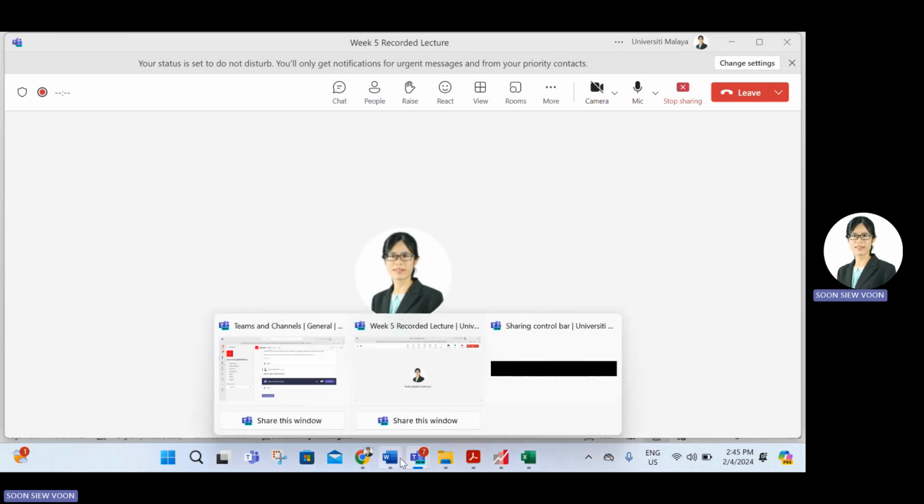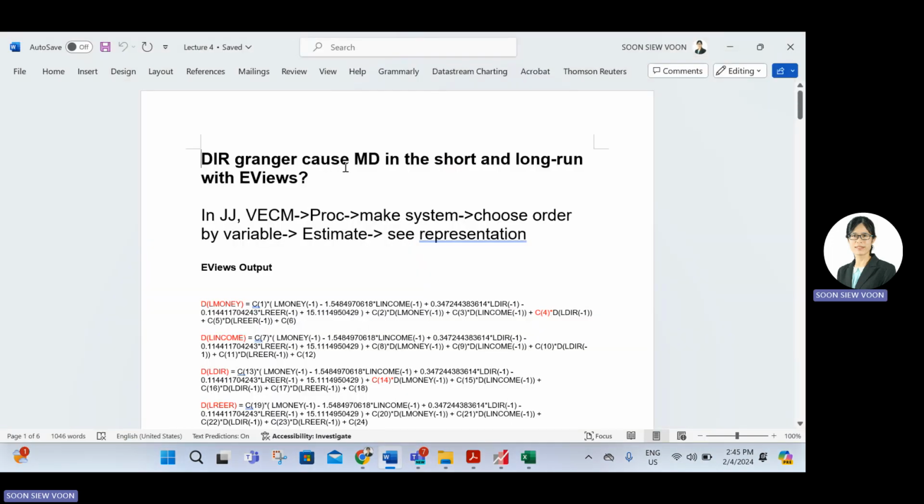Before that, let's take a look at my screen now. This is a continuation of what we discussed last week. Last week we talked about cointegration and showed you the general expression for the error correction models. We also applied the error correction models to test Granger causality in the short run as well as in the long run.